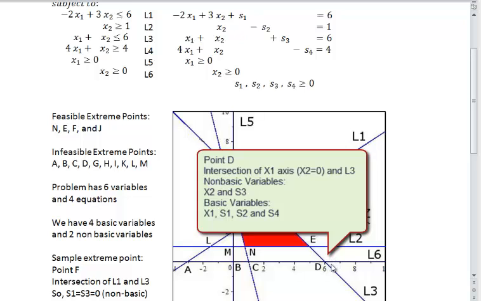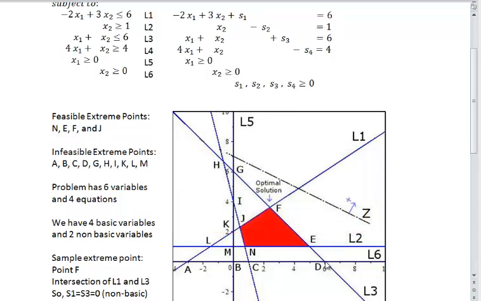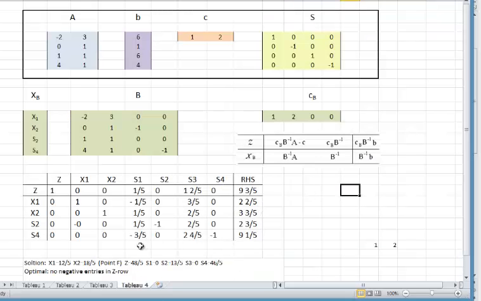Also, x2 value for point D is 0. So our non-basic variables for point D are x2 and s3, and the rest of them are going to be basic variables. And as such, when you set up this tableau, you will be expecting to get some negative numbers in here, which shows the infeasibility.